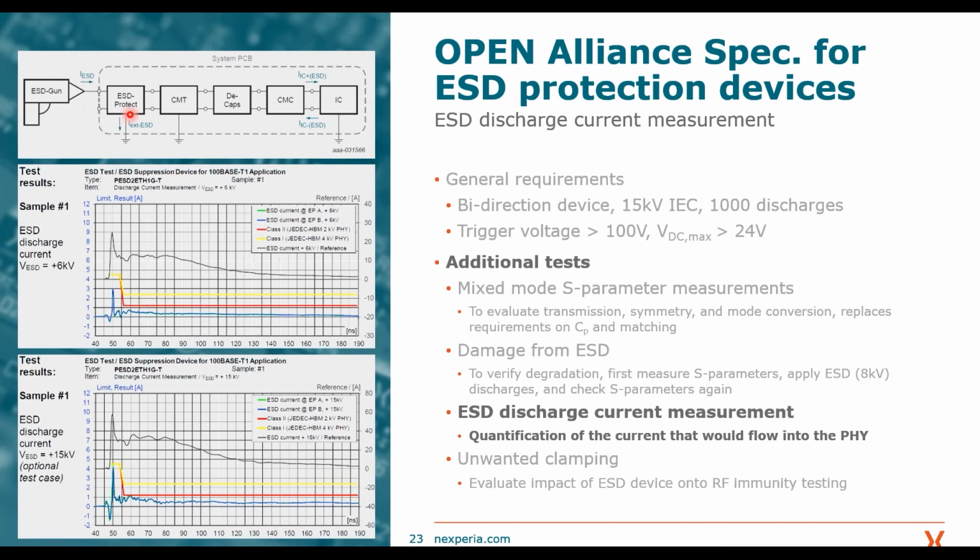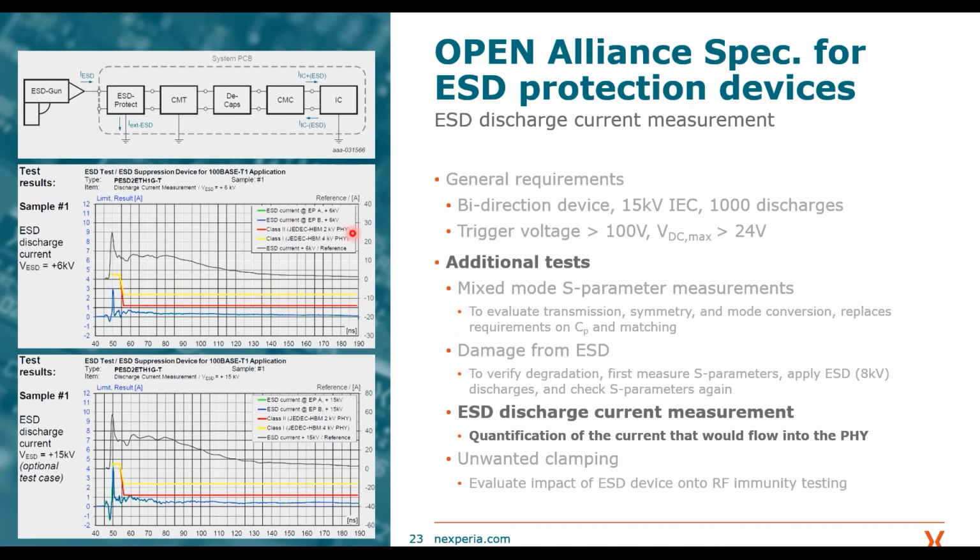What we do here is we replace the PHY with a resistor network just to be able to measure the currents which might flow into your PHY, and to judge if the currents are too high or too low.